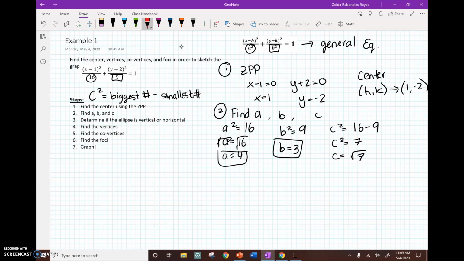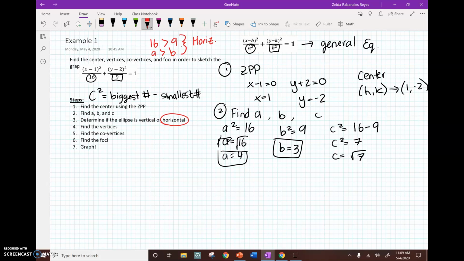In this case, 16 is bigger than 9, so A is bigger than B, meaning that we have a horizontal ellipse. And that's going to help us out because now I know that certain values are going to be added to my x-axis.